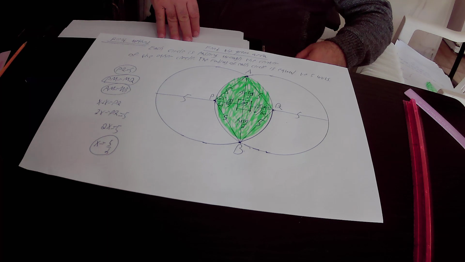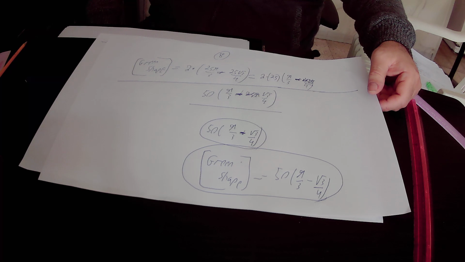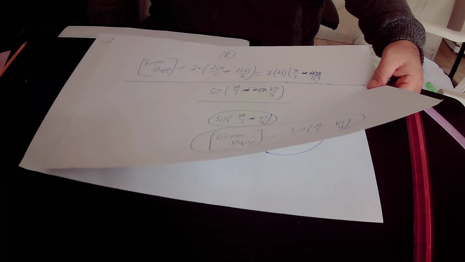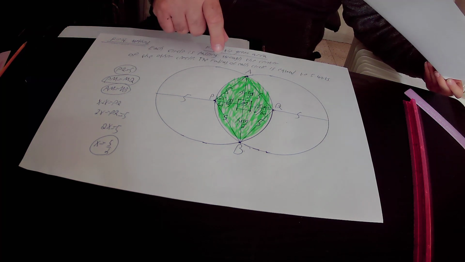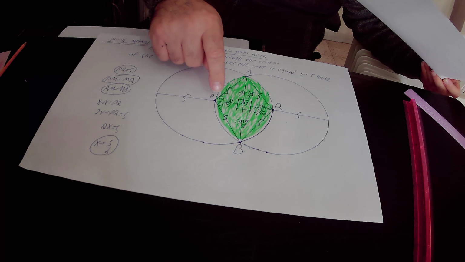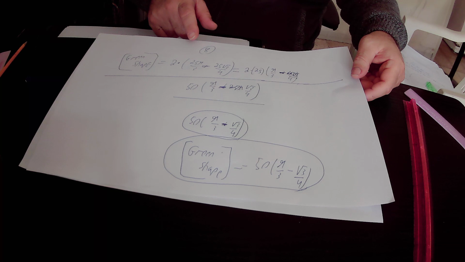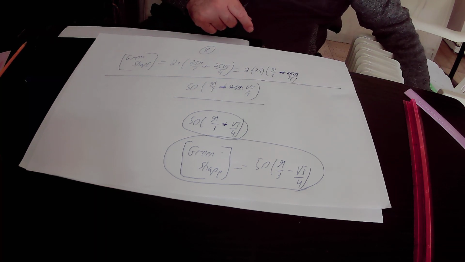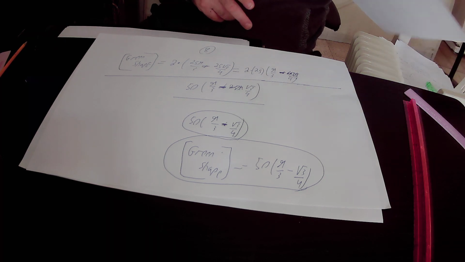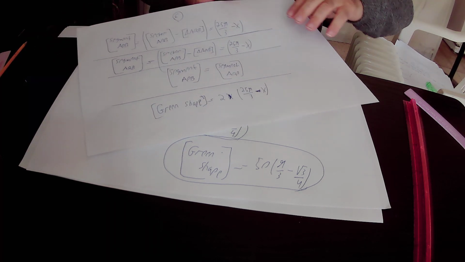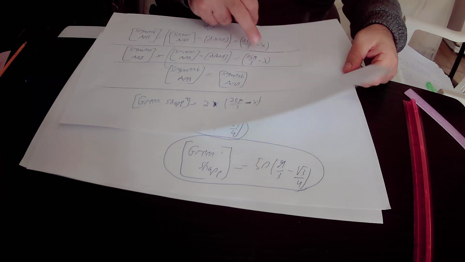so the green area equals 2 times the area of segment APB, and the area of segment APB equals 25 pi over 3 minus x.